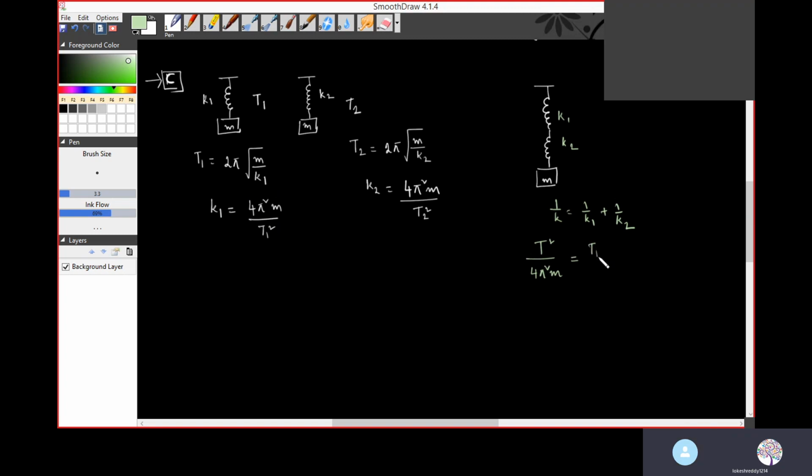So you get T1 square by 4 pi square M plus T2 square by 4 pi square M. So M you can cancel here, and what you get here is T square is equal to T1 square plus T2 square.